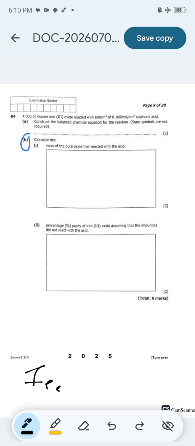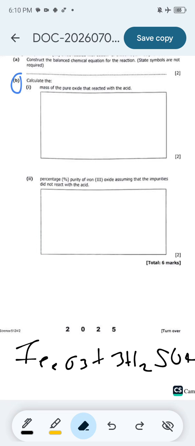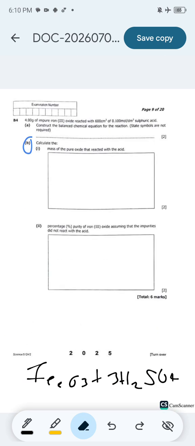So it is iron 3 oxide plus sulfuric acid. This is our balanced equation, and these were the reactants.